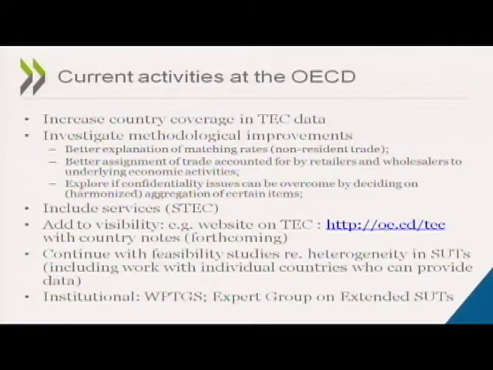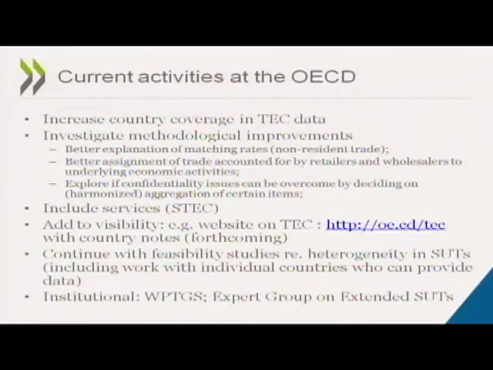And we think that some of these problems can be overcome by deciding on a harmonized way of treating confidentiality, or trying to say, okay, these are in any case the minimum groups for which we should be gathering information, and that is so important and so substantial for our economy that we will not run into these problems related to confidentiality.